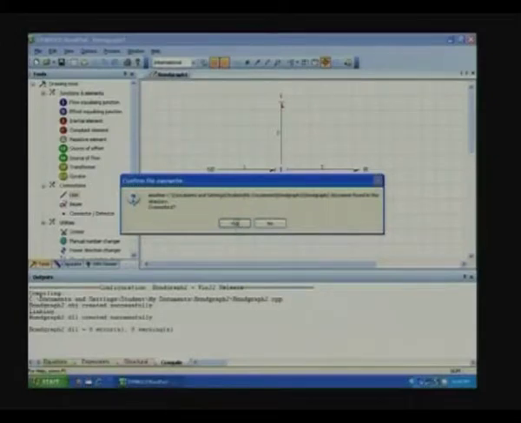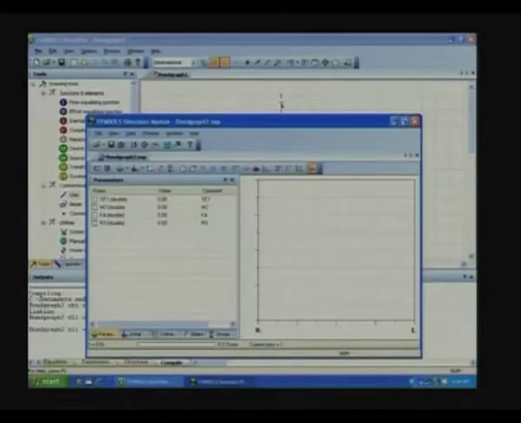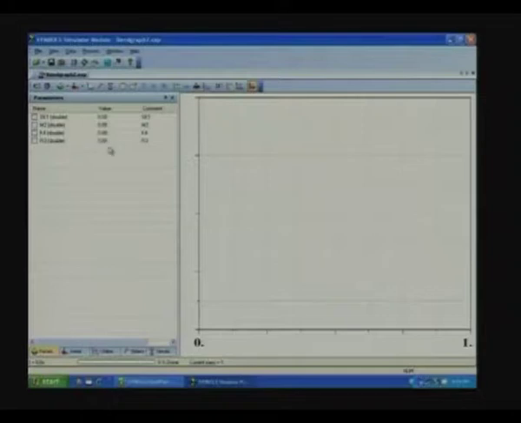Okay. So, it says 0 errors, 0 warnings, so we are happy. Then we go to the simulation, make it bigger, good. On the left hand side it shows the 4 parameters in the system and we can set their values.